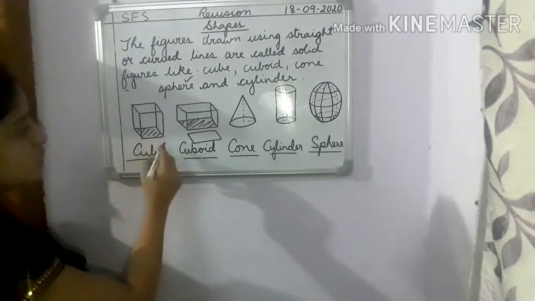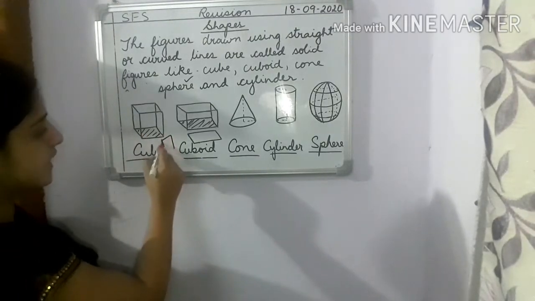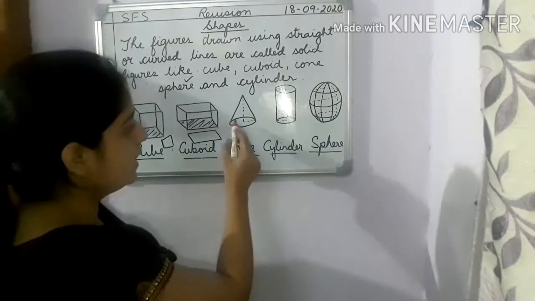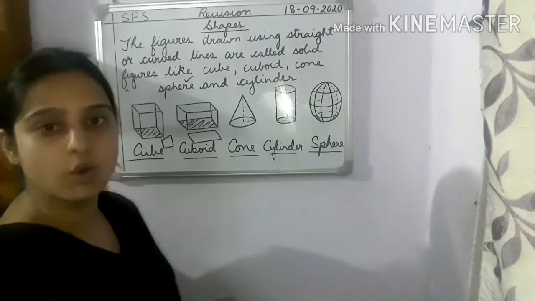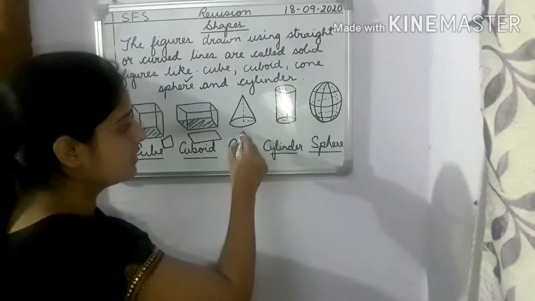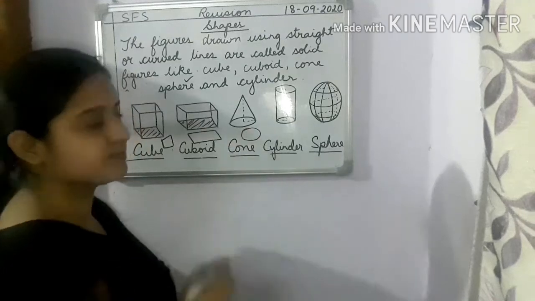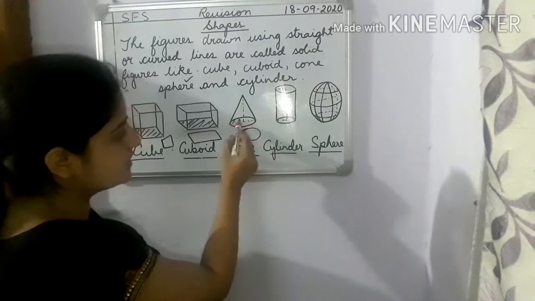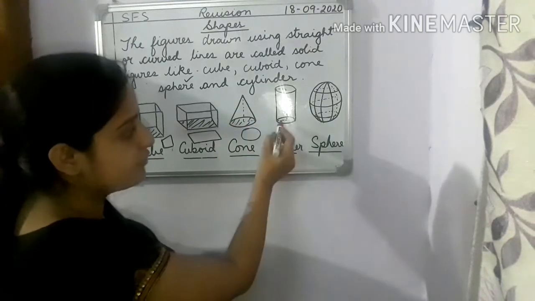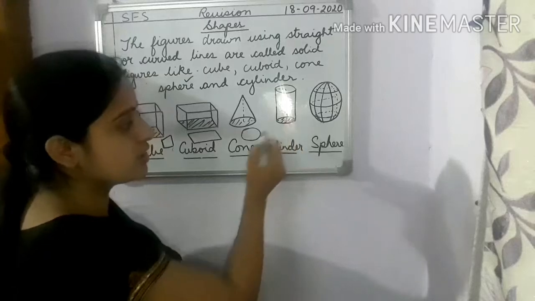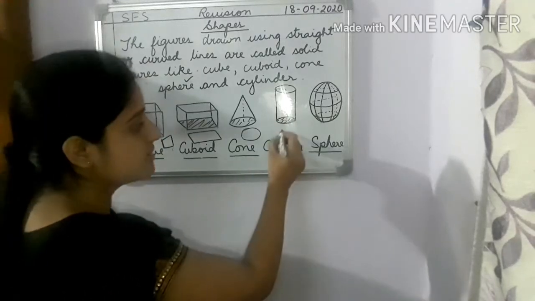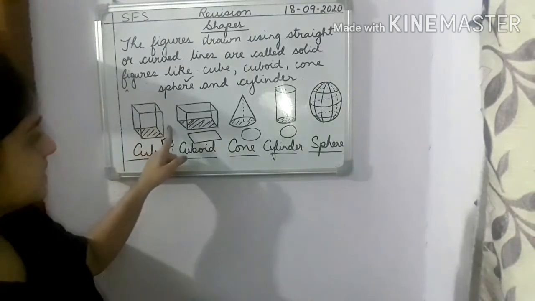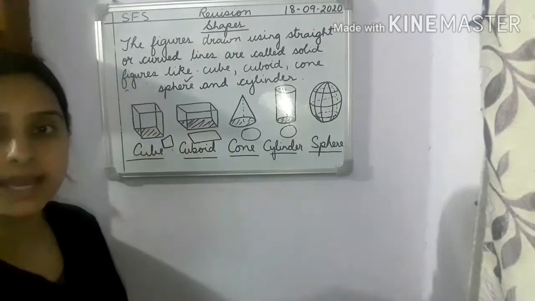If you draw the base of cube, children, you will get square. Clear? If you draw the base of cone, children, what will you get? Circle. Isn't it? This is the base. If you draw the base of cylinder, children, what will you get? Circle. Isn't it?